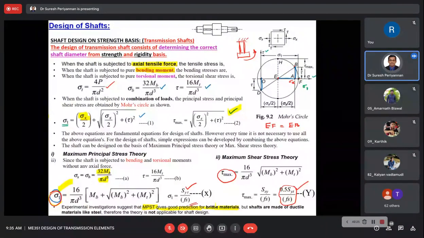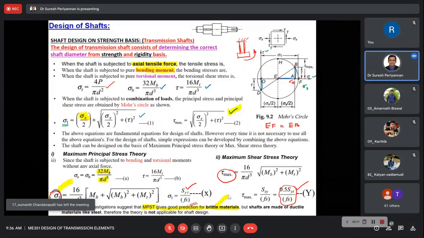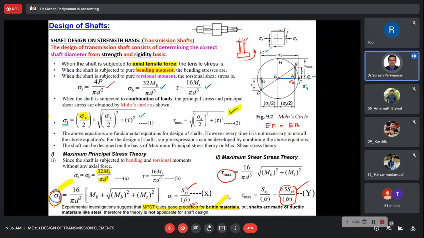You may expect this type of question even in any competitive exam. Maximum principal stress theory can be used for brittle material, not for ductile material. Very important, because people did many experiments and trials, and finally they came to know that this theory is applicable for brittle material. When we are using a shaft of brittle material, then we have to go for shaft design using this equation.